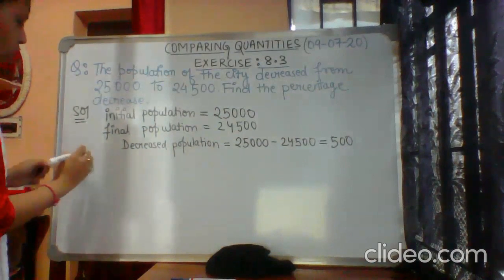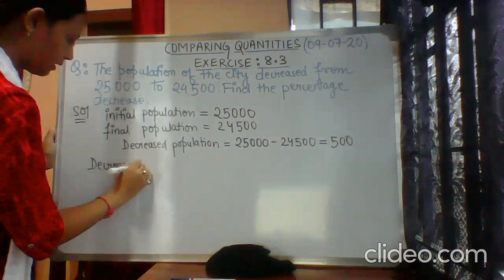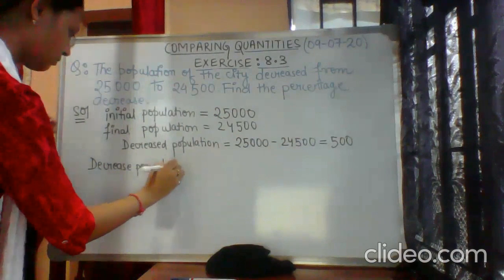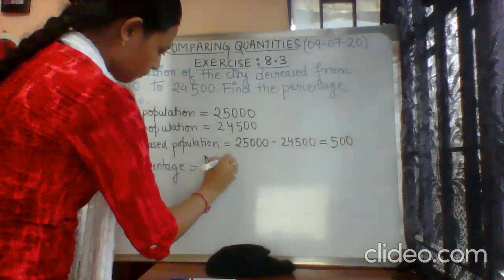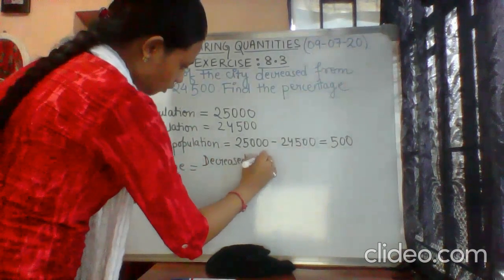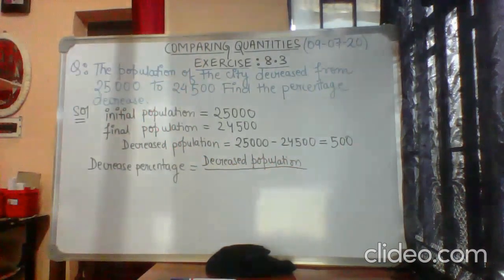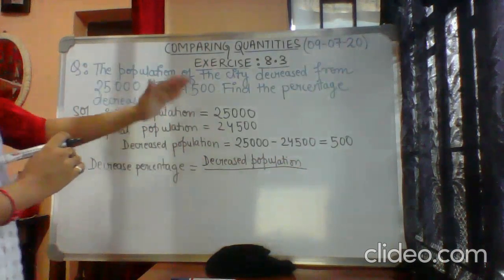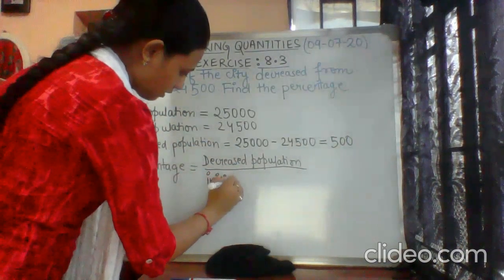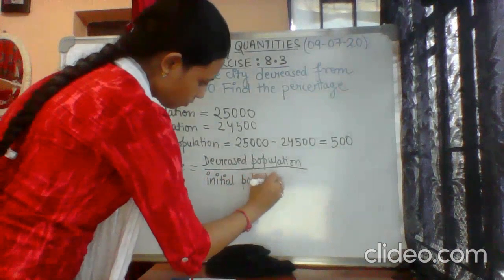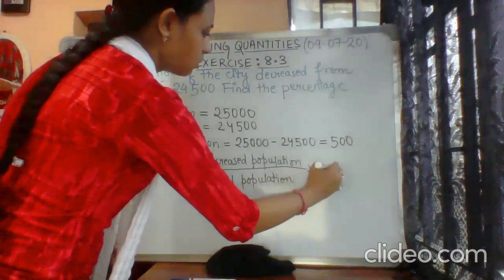Now, how to find the decrease percentage? You know, decrease percentage equals decreased population divided by, as I told, the initial amount we have to take, means initial population, and since we are calculating a percentage, into 100.